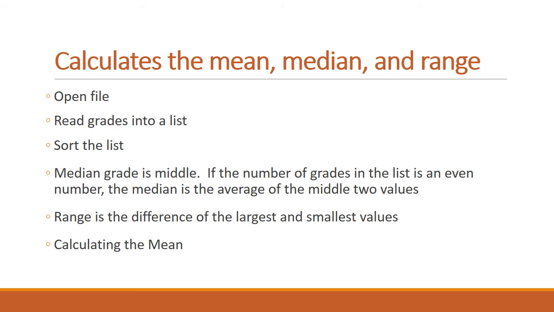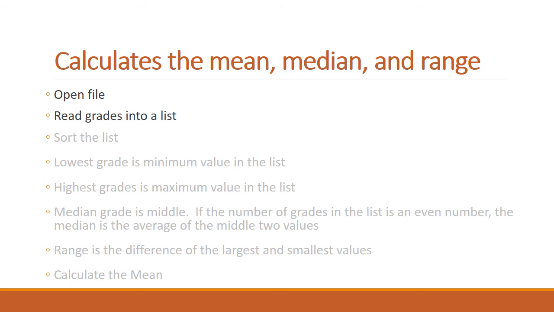The steps involved will be opening a file, reading the grades into a list, sorting that list, determining the median grade, which is the middle grade, and if the number of grades in the list is even, then we need to find the average of the middle two grades. Then we're going to calculate the range, and we're going to calculate the mean.